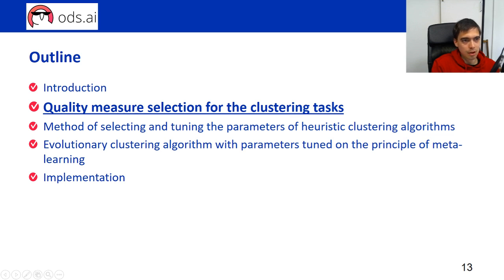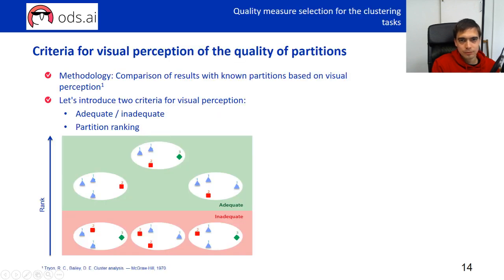Okay, so let's come to the first problem, to the problem of quality measure selection for the clustering tasks. So let's consider the problem of choosing a partition quality measure for clustering problems in more details. The most applicable methodology for creating a new measure of quality of a partition is to compare the results with the previously known partitions of the datasets based on their visual perception.